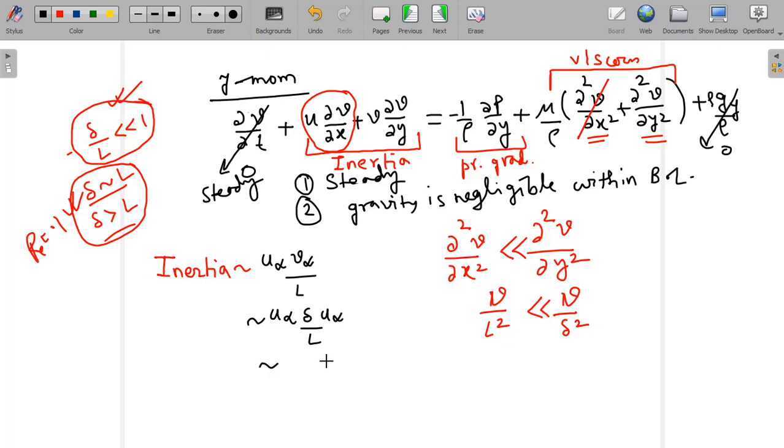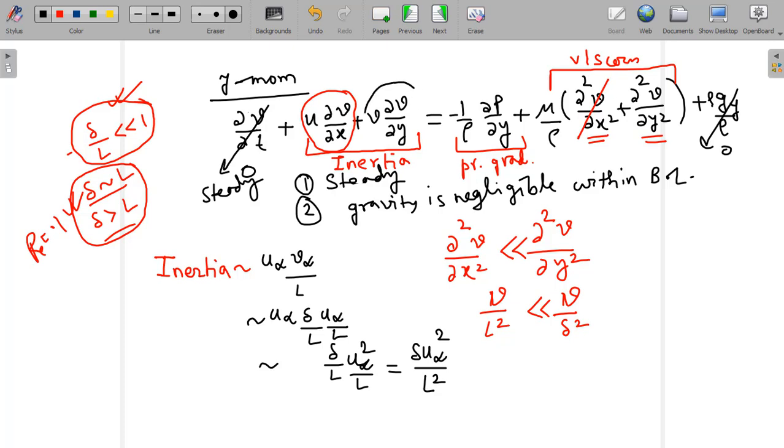So this quantity comes to delta by L into u infinity square, and one more L will be there, so finally it is delta into u infinity square divided by L square. This is the order of magnitude of the inertia term.